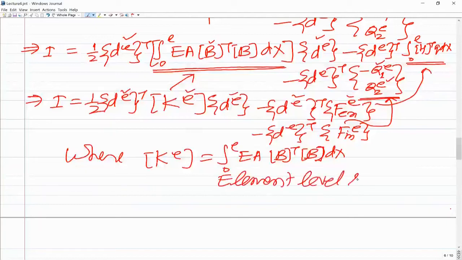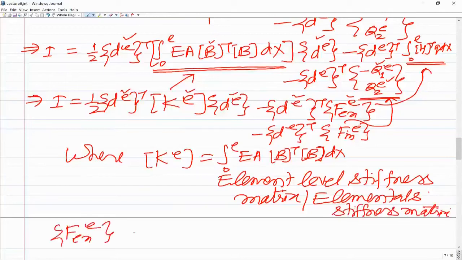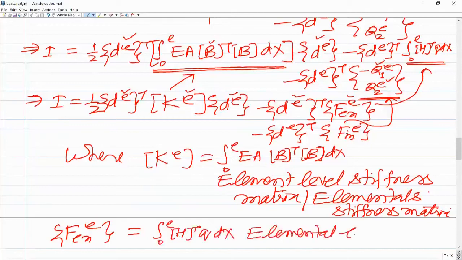Similarly, F external, which I have used over here, is the integral from 0 to L of H transpose Q dx, and this we call the element level external load vector, or elemental external load vector.